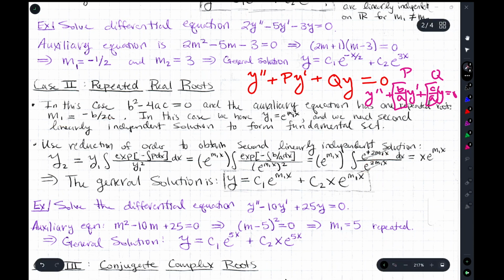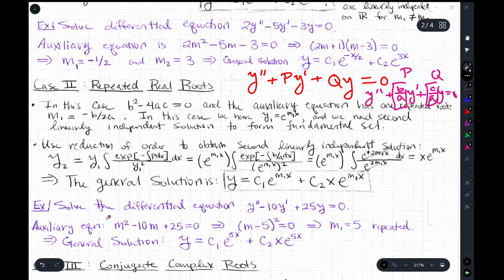And so these end up canceling, and you end up with y2 being linearly independent from y1 and having this form there. So we got our two linearly independent functions, and we multiply each by an arbitrary constant and add to get our general solution.